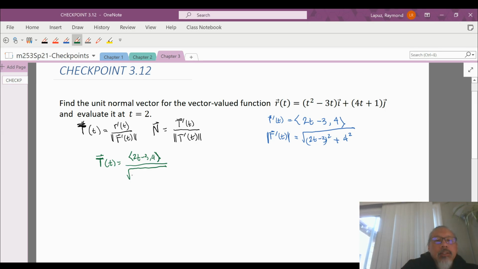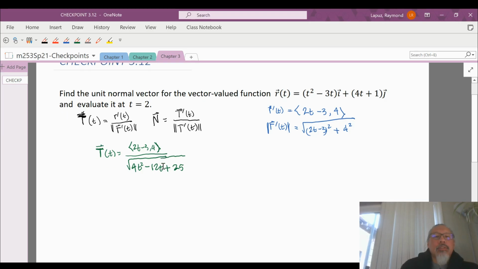Using FOIL, 4t squared, minus 2 times 3 is 6, times 2 is 12, the middle term is going to be 12t, and then plus 9. But instead of adding 9 to this, we need to add an extra 16. So 9 plus 16 is 25, and that will be our constant.